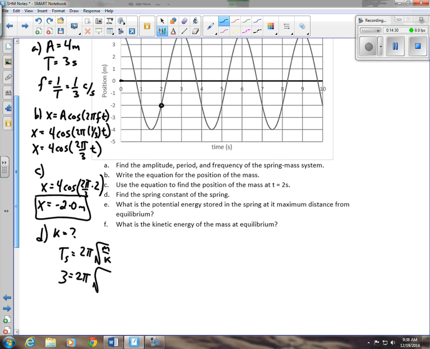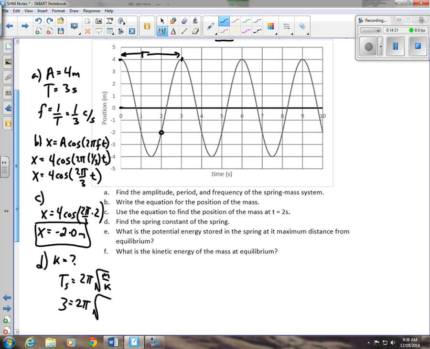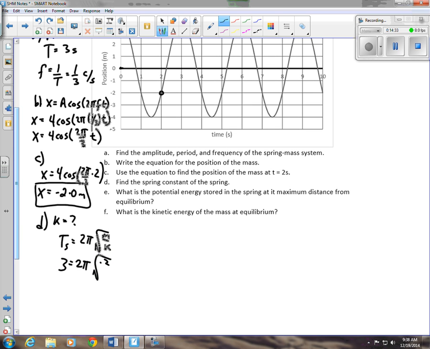The mass, I go back up here, 2 kilograms, over k. And if we solve that, we end up with a value of k. It is 8.77 newtons per meter.